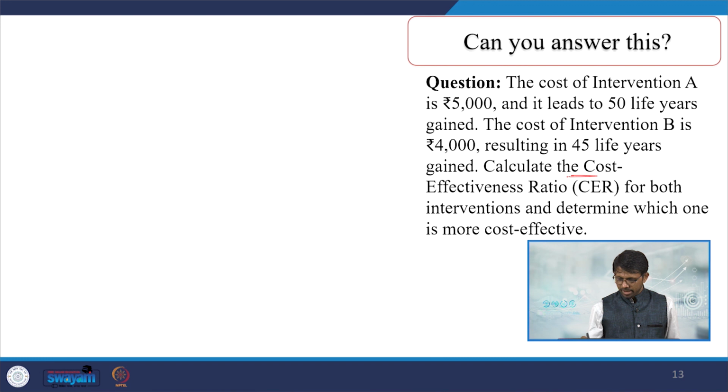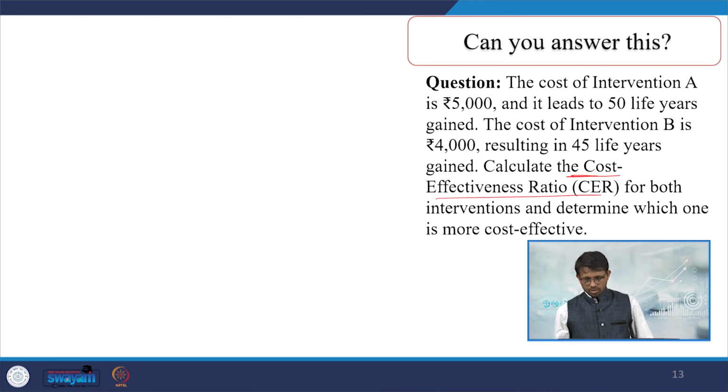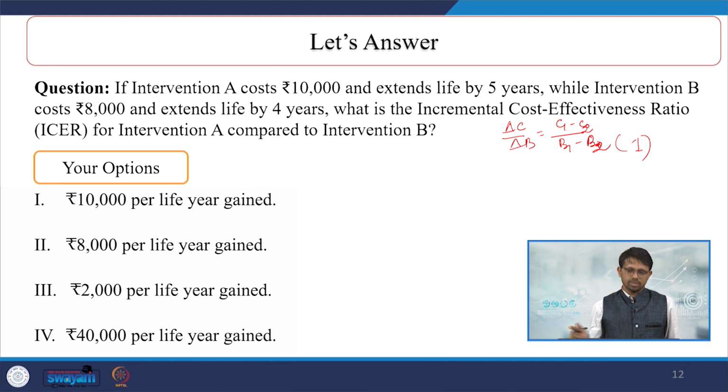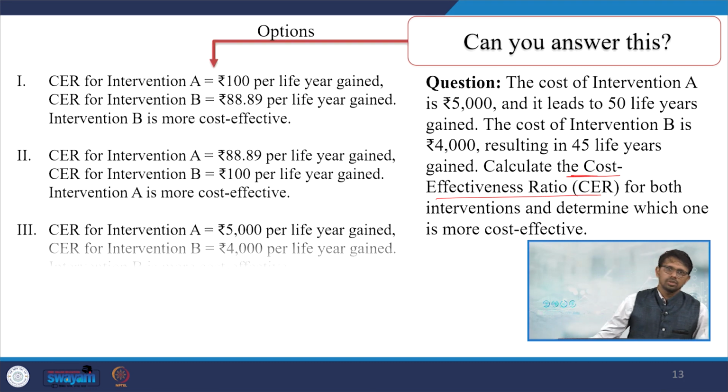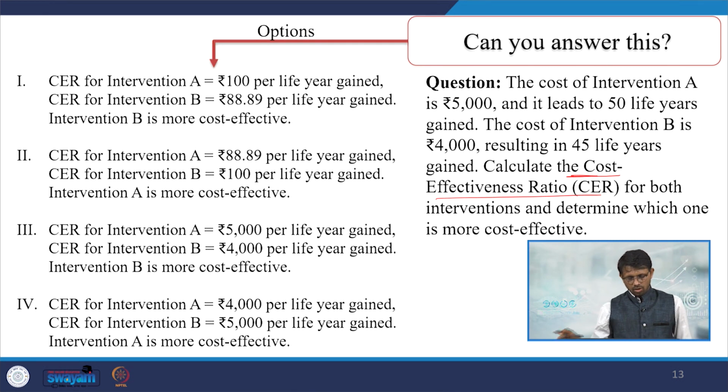It is not incremental, it is only the cost effectiveness ratio. Okay. So for both interventions, determine which one is actually more effective. The previous one we discussed was the ICER example. In this case it is CER.